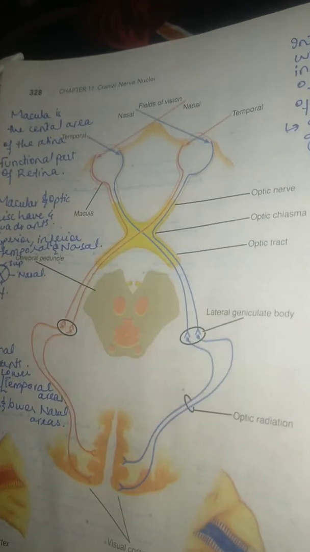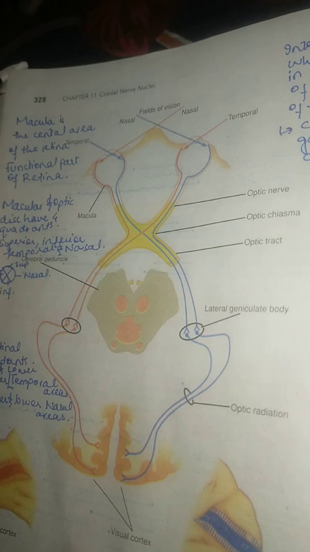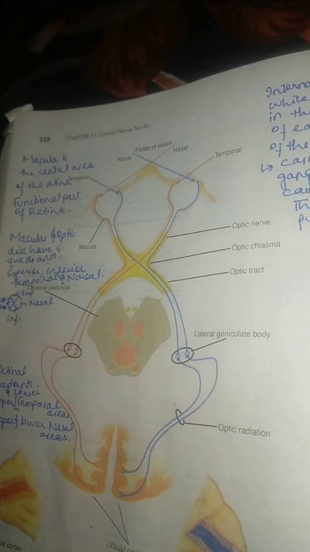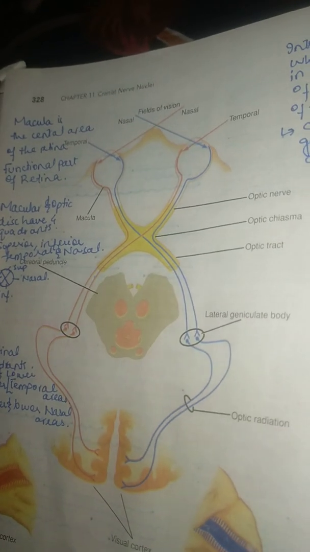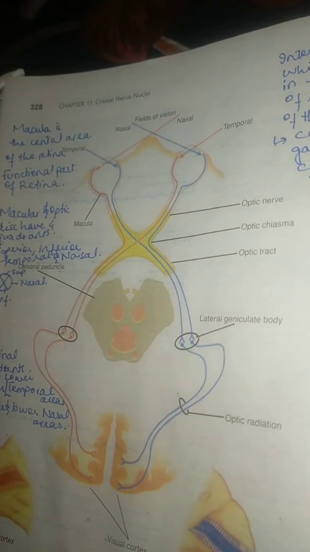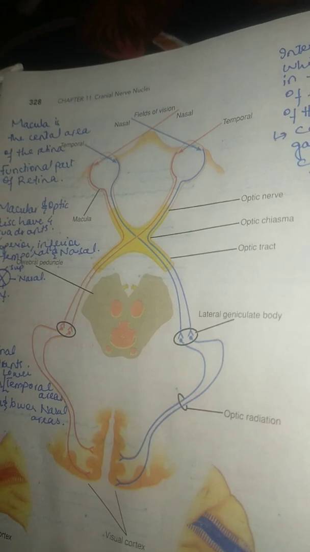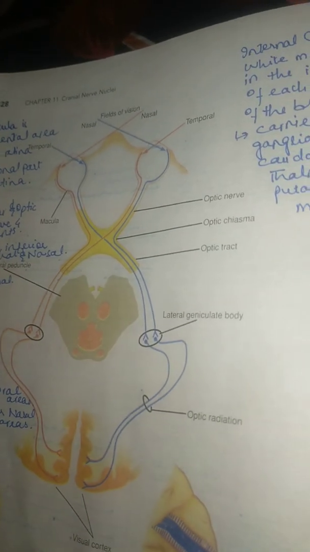And the macula, as I told before, is the functional part of the retina, and it sends its information to the Brodmann area 17, while the periphery of the retina sends its information to the anterior part of the Brodmann area 17.